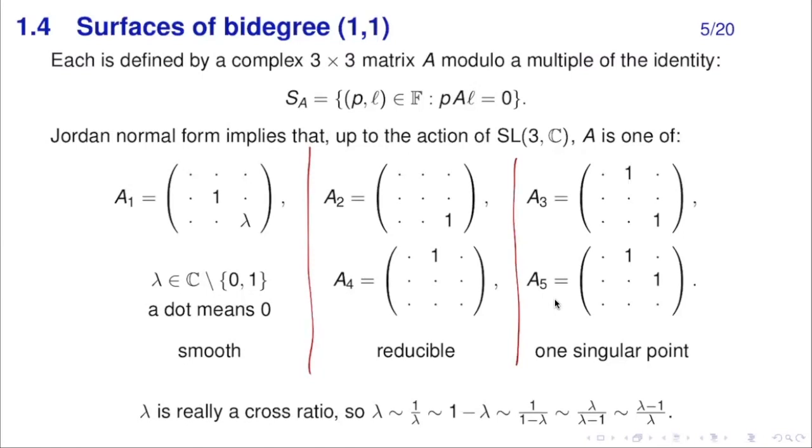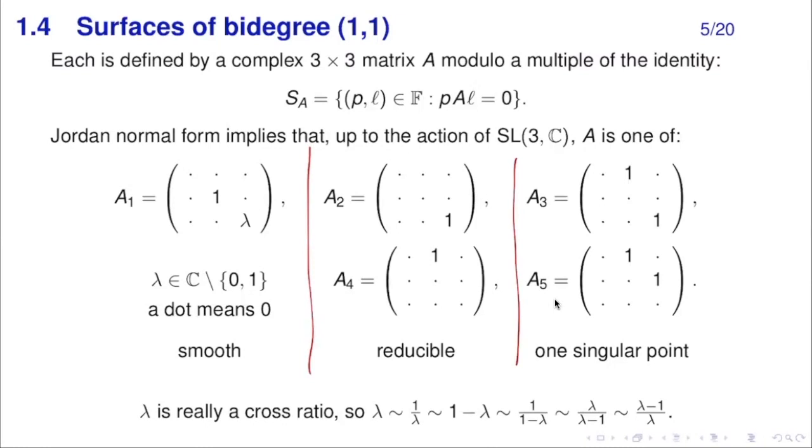And the other thing that's worth saying, I haven't fully understood why this is true, but lambda, because of the symmetry involved here, and of course in this talk I meant to emphasize symmetries, we can permute the eigenvalues. And so lambda turns out really to be a cross ratio.